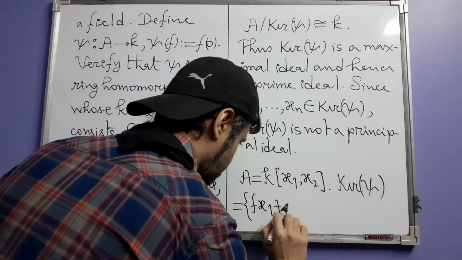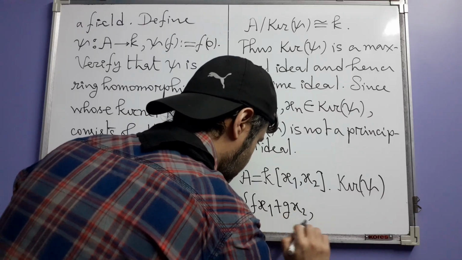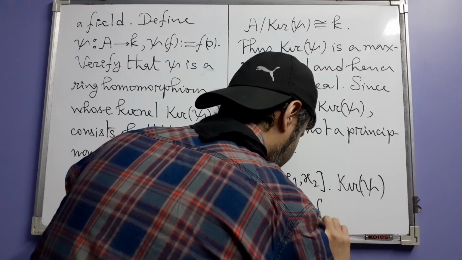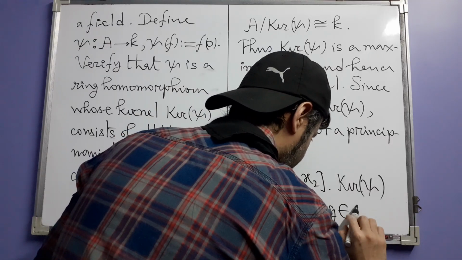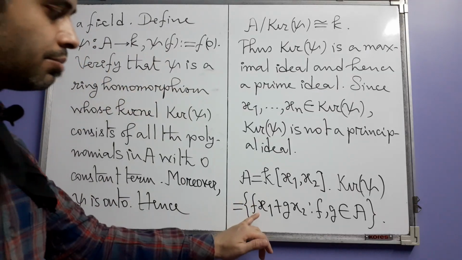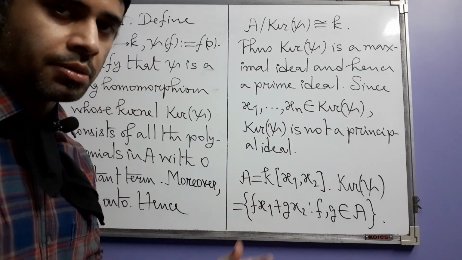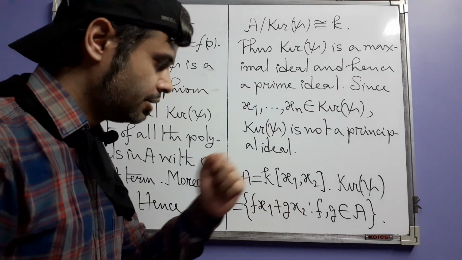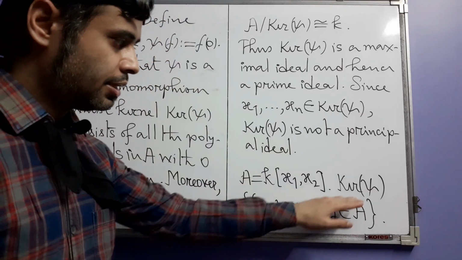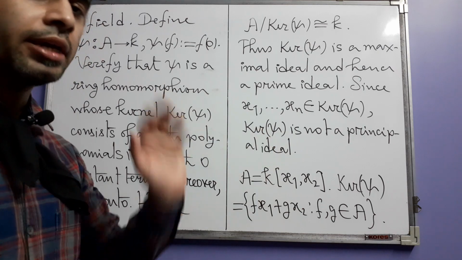f x1 plus g x2, where f and g are coming from A. f x1 means f times x1, okay, product, plus g x2. Okay, it's not a very difficult thing to see that the kernel will look like this.